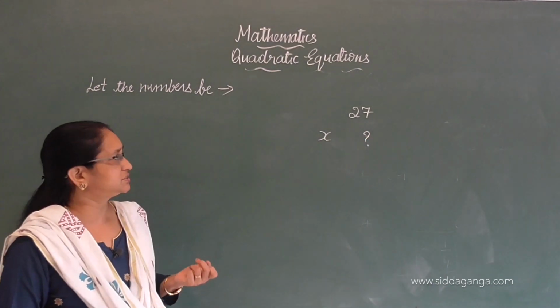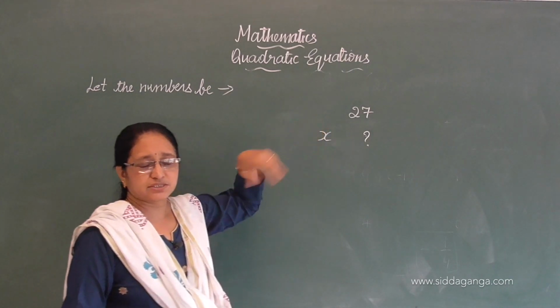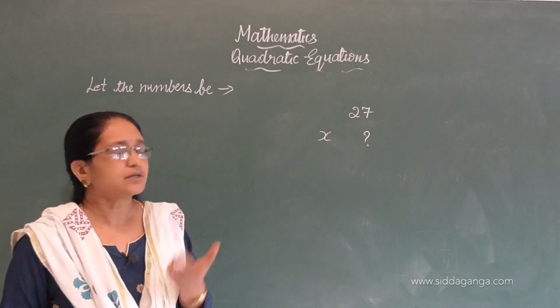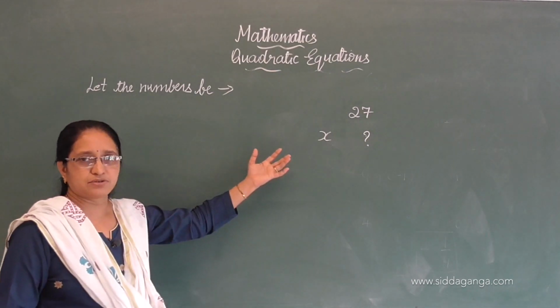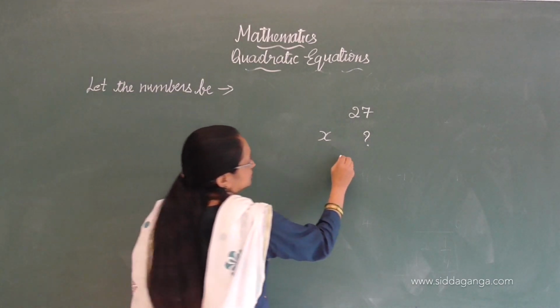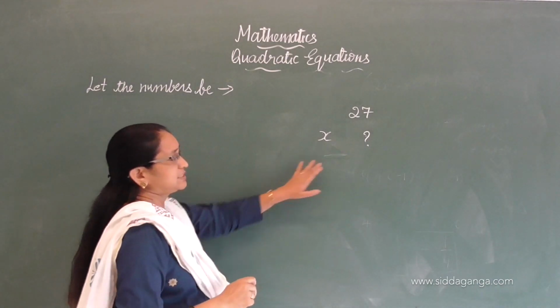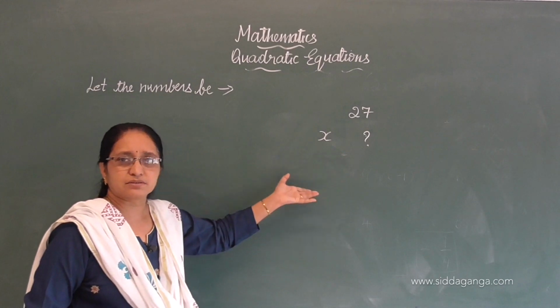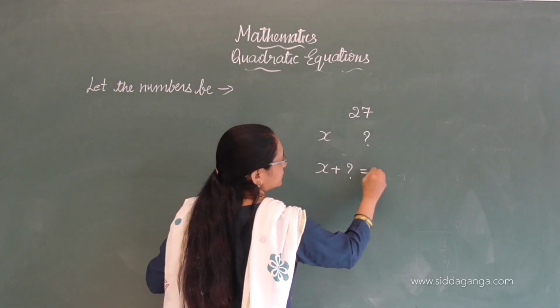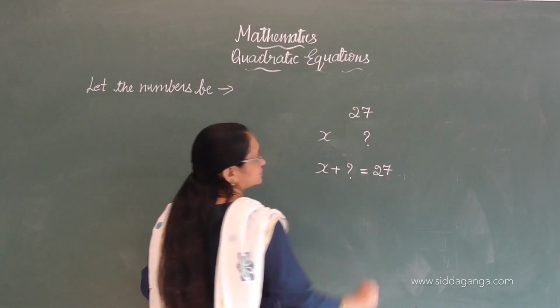I hope you understood this. See, in 8th standard you have studied linear equations. Okay, I think you have an idea about it. See, so the other number will be, one number is x. What is the other number? Suppose here x plus dash will be equal to 27.